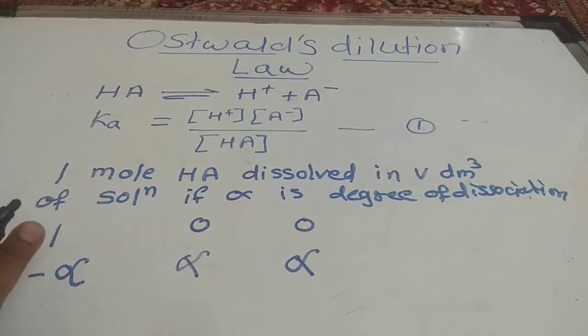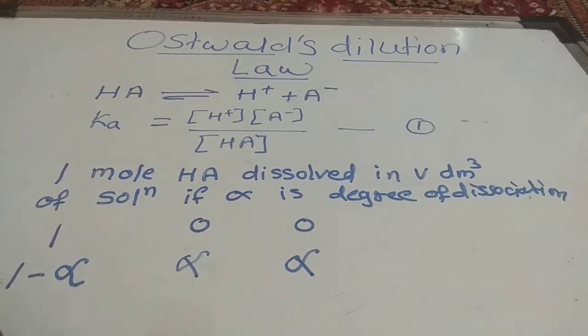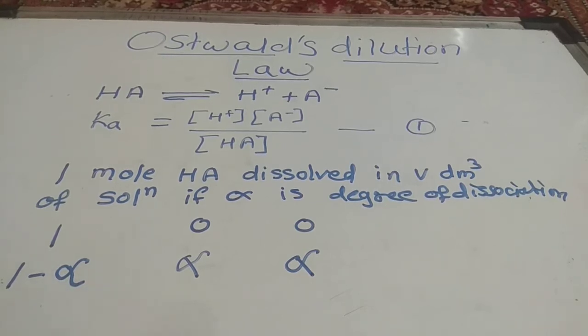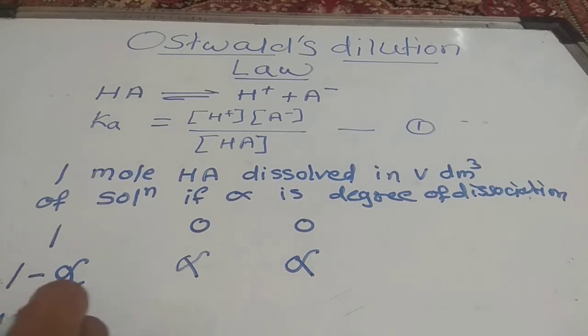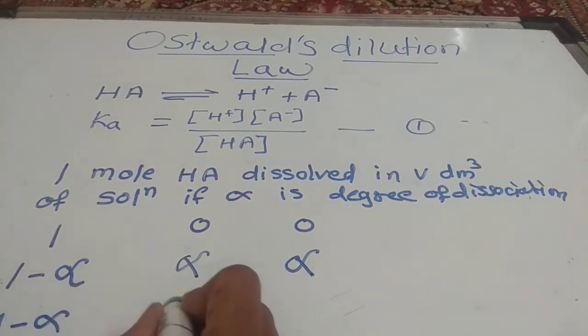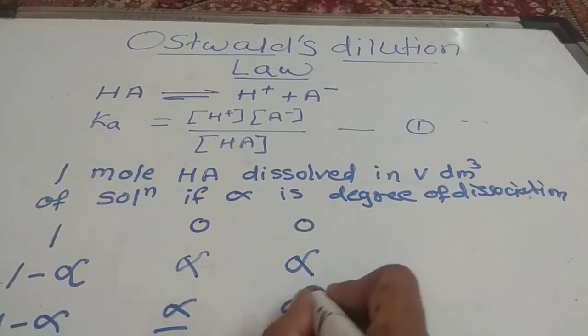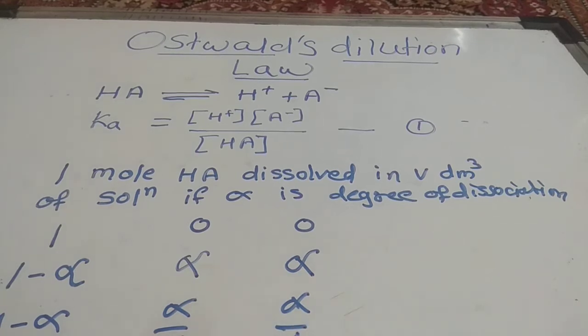Initially it is 1 mole, and at equilibrium it will be 1 minus alpha. If we are taking concentrations, then we have to divide by the volume V in dm cube. So 1 minus alpha upon V, alpha upon V, and alpha upon V.